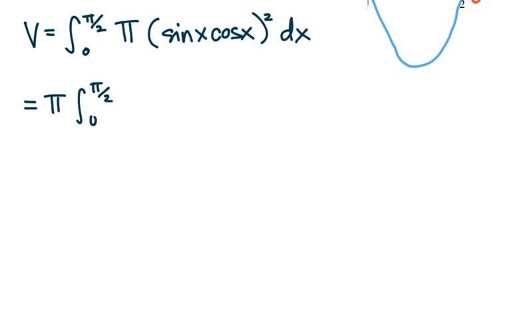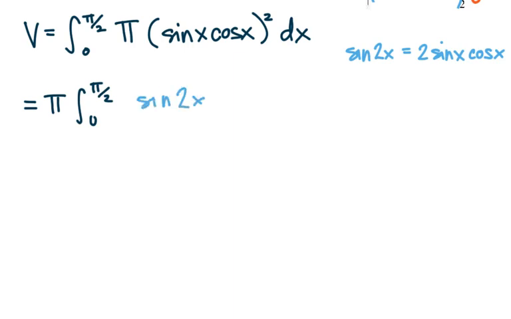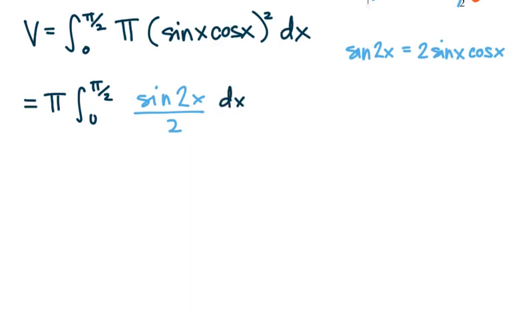So this is where we might resort, I should say, to using some of our trig identities. I do know I have a sine double angle. Sine 2x is 2 sine x cosine x. And if I divide by 2 there, I have sine x times cosine x would equal sine of 2x divided by 2. And of course that is quantity squared.